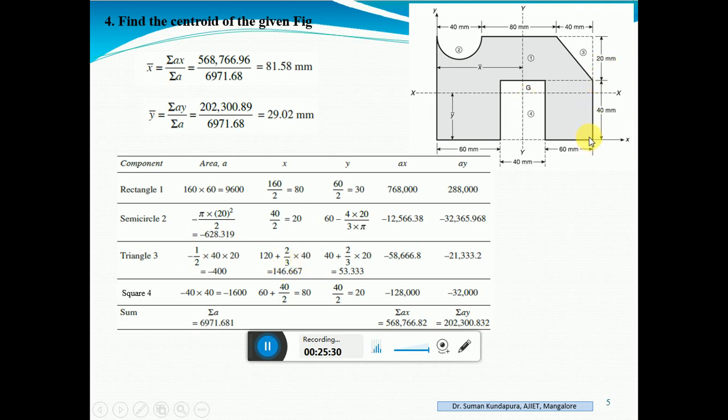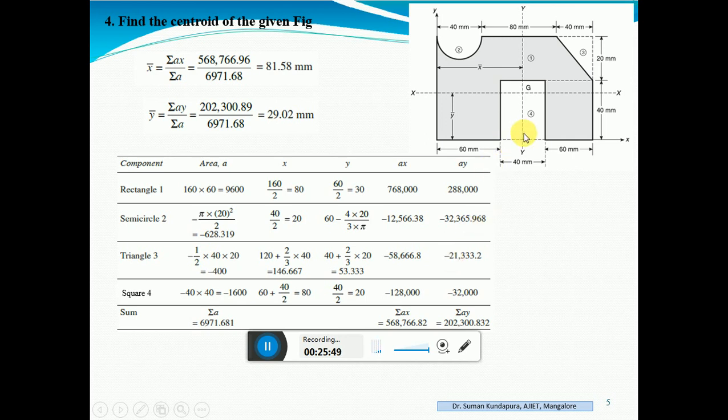Y distance will be 40 plus 2/3 of 20. This whole is 20, 2/3 of 20. Now multiply area into x, area into y, substitute here. You have a negative sign in the area here, so that is why it appears negative even here.